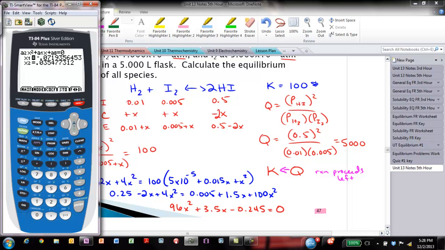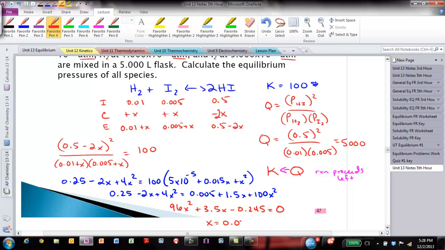And so if I'm looking at my values, first of all, I have an x value that is negative, and I already said the reaction is not going to do that, otherwise that would mean the reaction was shifting to the right. I have a second x value that says x is 0.035. That's going to be my value. X is 0.035.